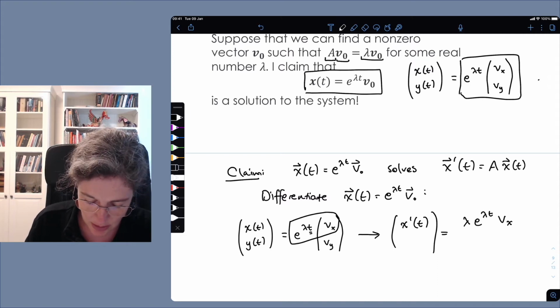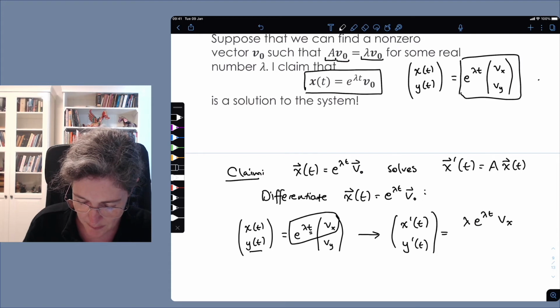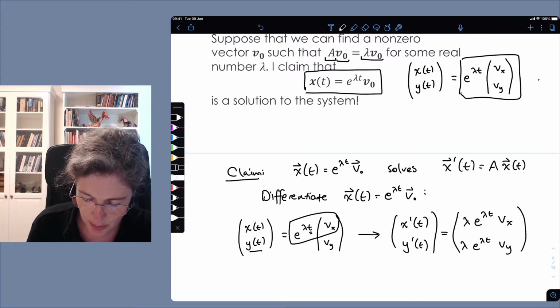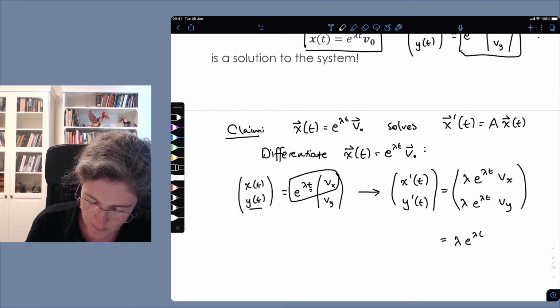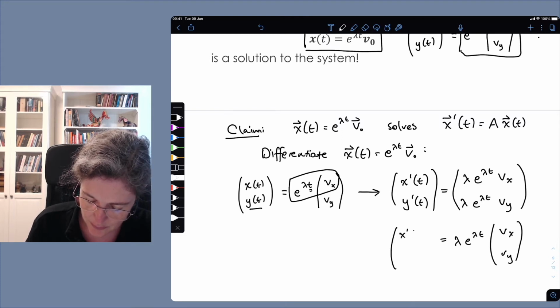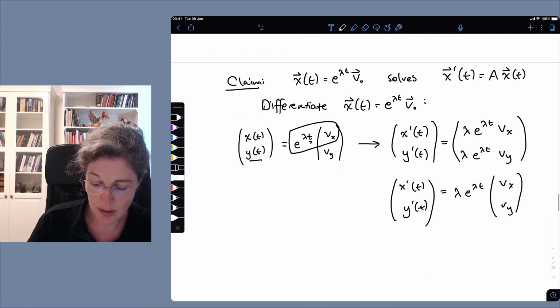And the same thing is going to happen for our y component. So we're going to have the derivative of y of t is equal to, same thing, except with the y component. But now if I pull out my lambda e to the lambda t, then I end up with this.